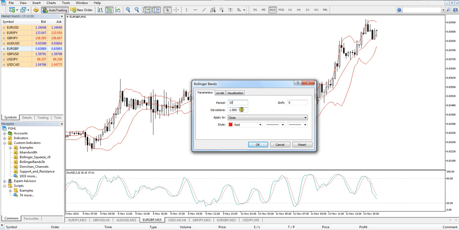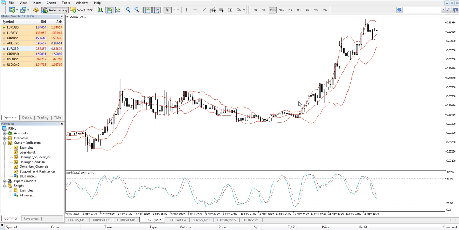And the deviation setting for that indicator needs to be 1.9. If you're trading 4-hourly charts or above, then that period setting needs to be at 20, and the deviations setting needs to be at 2. But because I'm trading on M15, as you can see here, I'm using 10 for the period and 1.9 for deviations.